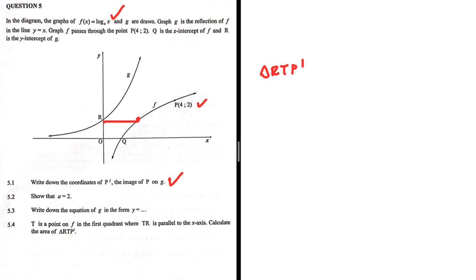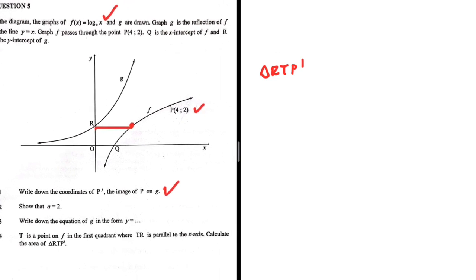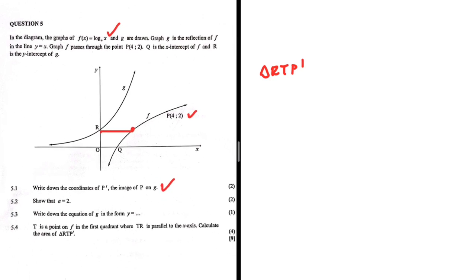Let's zoom in here. If TR is parallel to the x-axis, then we know fully well that R and T have the same y value. But what is the y value of R? We know that R is the y-intercept of g.